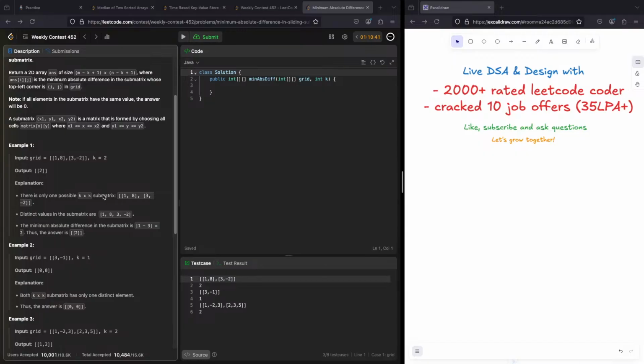So basically you are given the matrix minus 2, 3, 2, 3, 5 and K is 2, so all 2 cross 2 submatrices. You start with this and then you move to the next. In this one it is 1, sorry, minus 2, 1, 2, 3. The difference is 1, and here, minus 2, 3, 3, the difference is 0.